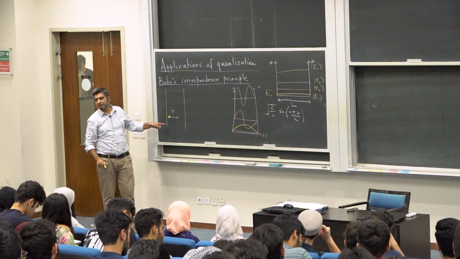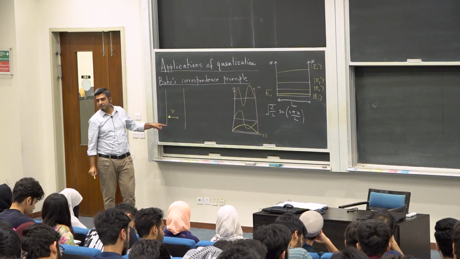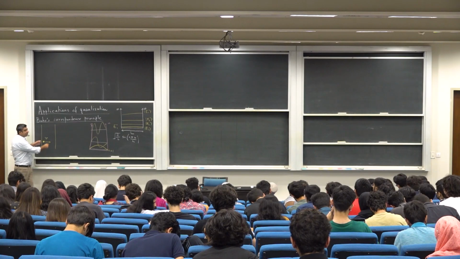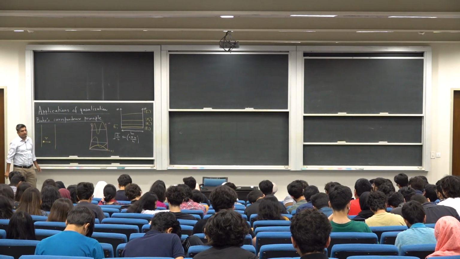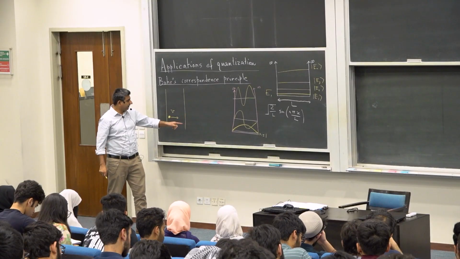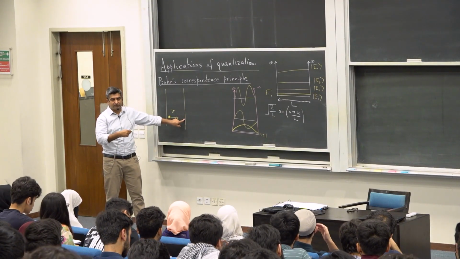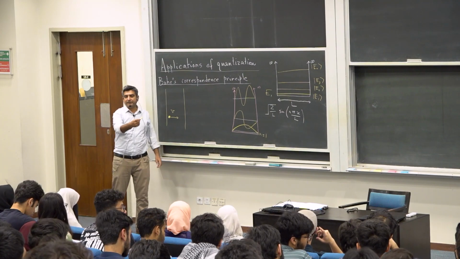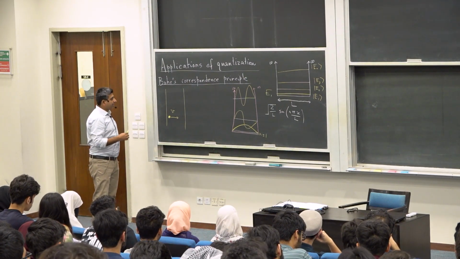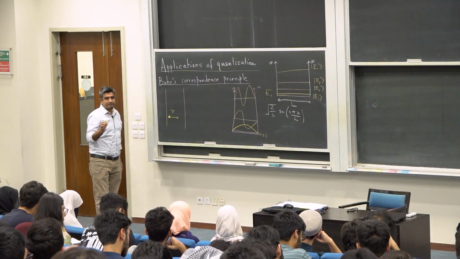Now this is a classical particle. These are two impenetrable walls for this particle. The particle tosses to and fro, it reflects off from this wall, comes back, and it keeps on this periodic motion.